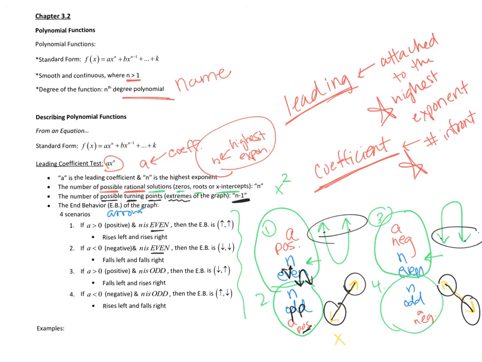If I look at the combination of the value in front, my leading coefficient, and the highest exponent, I can come up with what the ends would look like. They could either both go up, both go down, or they could be opposite, down to up or up to down. So all of this is just memorizing what that's going to look like.